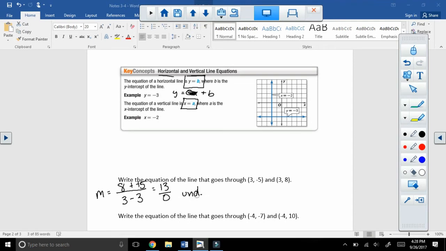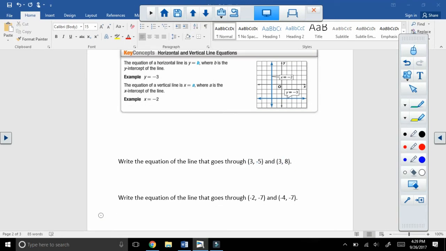So that would just kind of suggest to me that this is going to be a vertical line. And vertical lines, remember, are written in the form x equals whatever the x values are. So in this case, the x value for both of these is 3. So my equation of this line would simply be x equals 3.